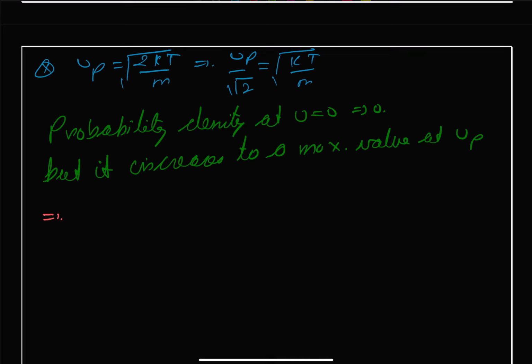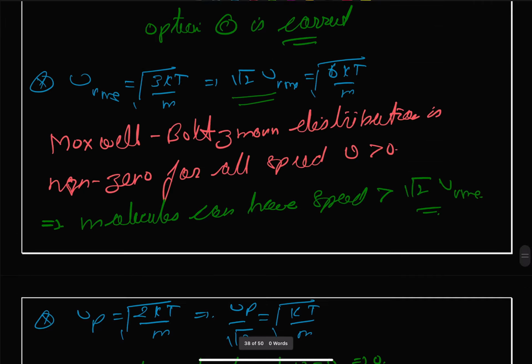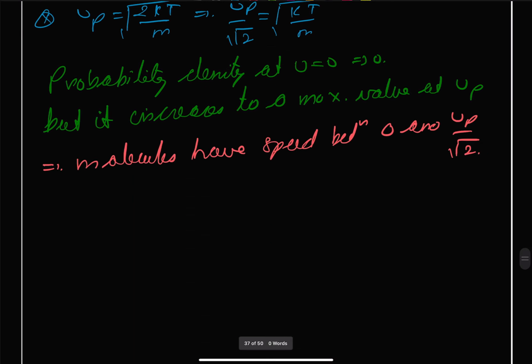So molecules have speed between 0 and Vp by square root of 2, and it says that no molecules can have less than this. So this option is also incorrect. So option B is incorrect.